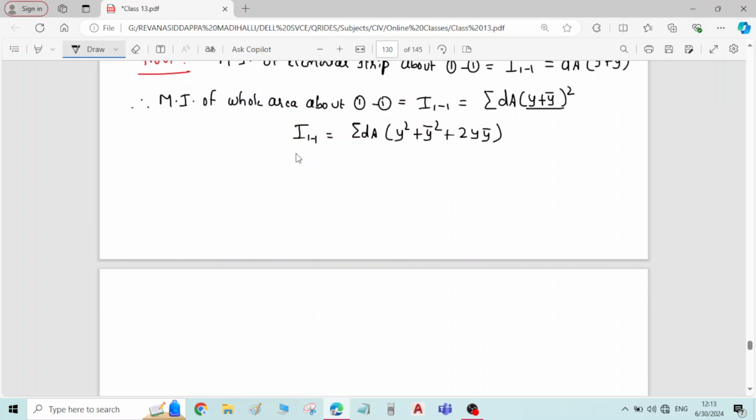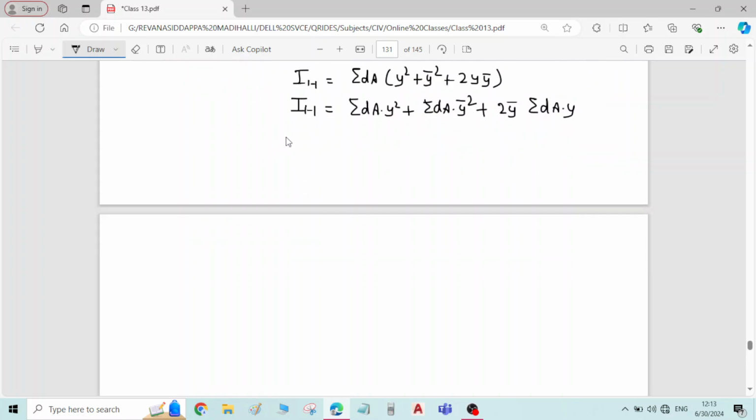Now we will split this equation: I11 is equal to sigma dA y square plus sigma dA y bar square plus 2 y bar, which I am taking outside, into sigma dA y, and sigma dA I am taking separately.